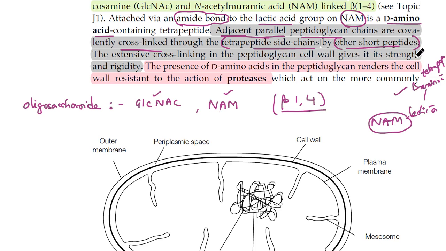This extensive cross-linking, of the D amino acid tetrapeptide of one NAM with the other peptidoglycan layer, gives strength and rigidity to the cell wall so that it becomes very resistant to proteases. This D amino acid tetrapeptide renders the cell wall resistant to proteases.